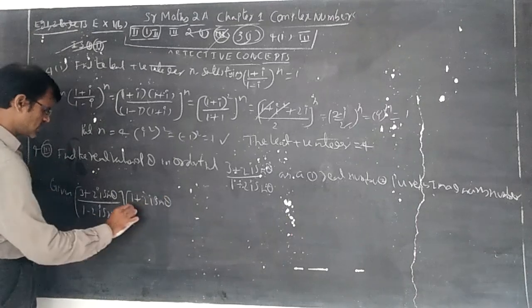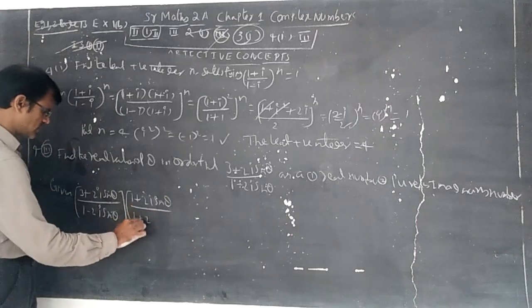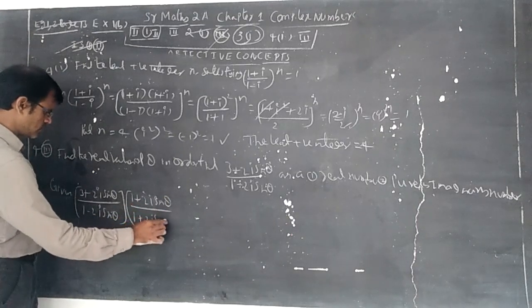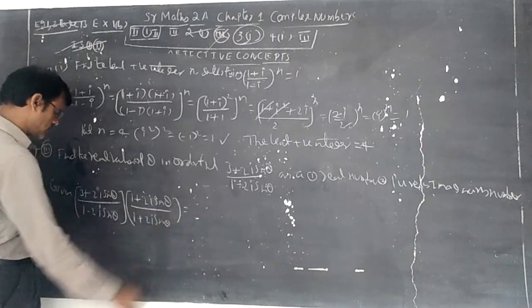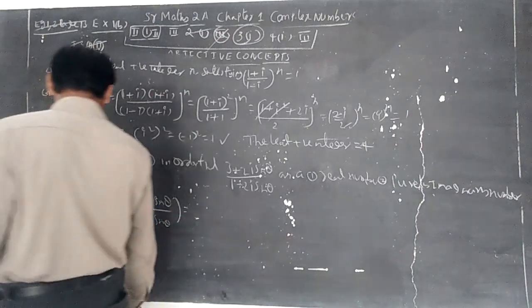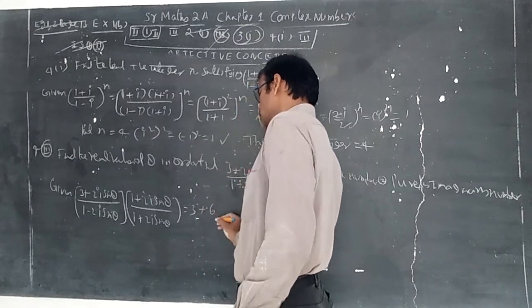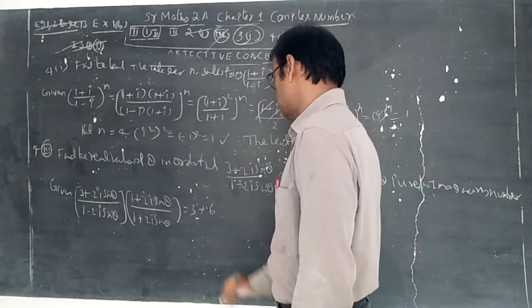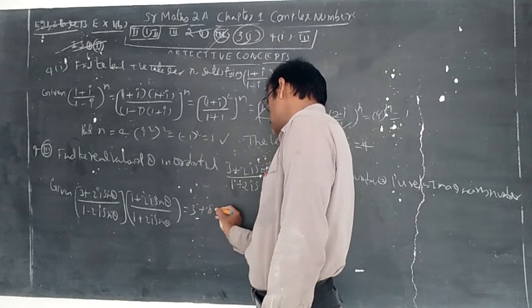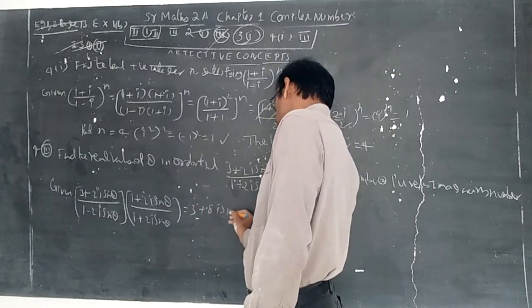Multiply by (1 plus 2i sin theta) by (1 plus 2i sin theta). Multiply the numerator: 3 ones are 3, plus 3 twos are 6i sin theta, plus 2i sin theta, it becomes 8i sin theta.